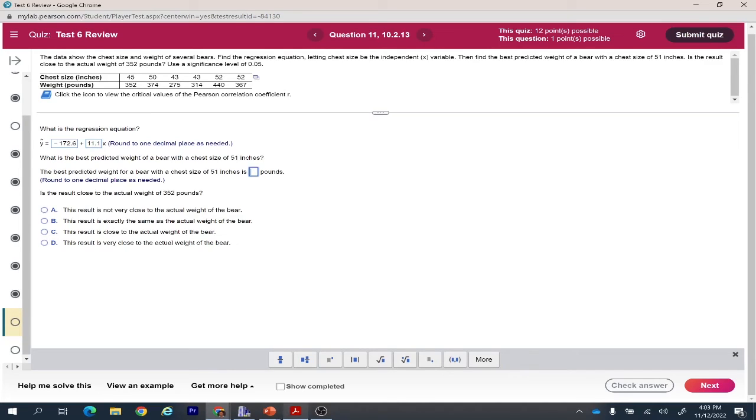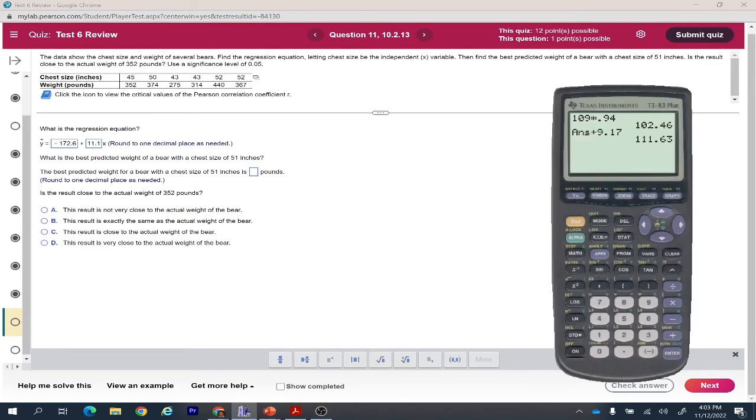So we can use our calculator here. 51 times 11.1, hit enter, and minus 172.6, that is 393.5.